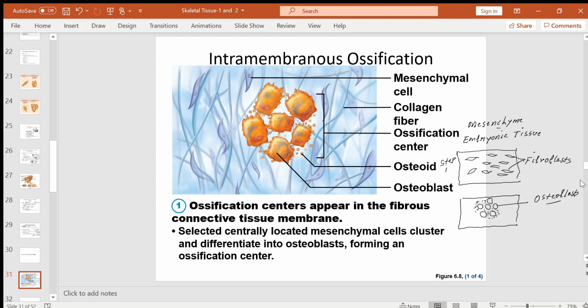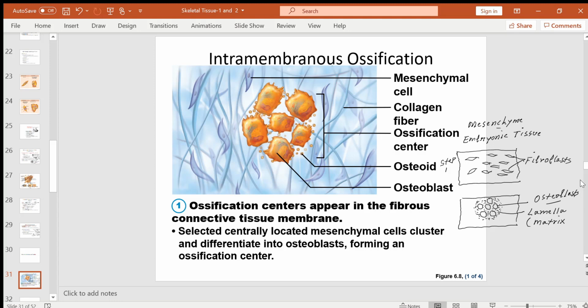Okay, and initially this matrix is soft, liquid, and then what will happen? It will get hard, and that is the hard matrix of the bone called the lamella, which is the bone matrix.